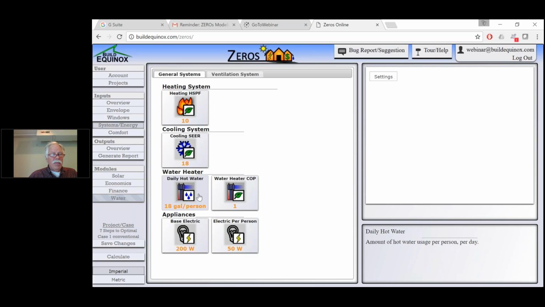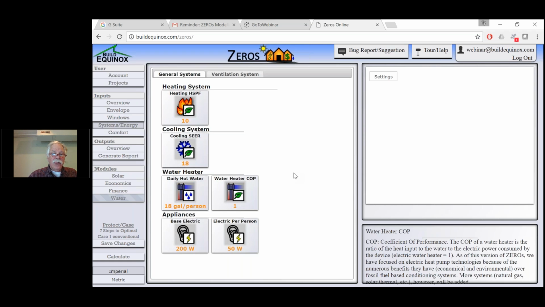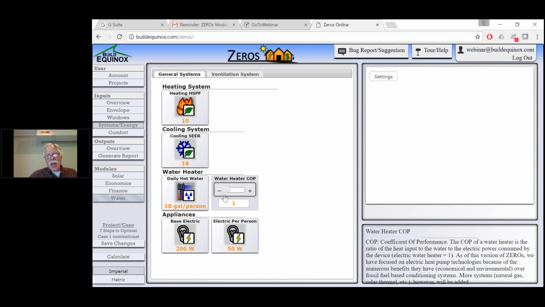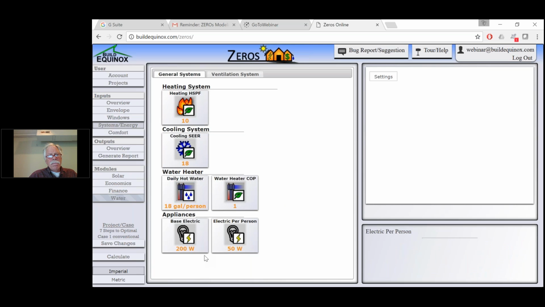If you are someone who wants to save hot water and doesn't shower, that could be 0. And then as far as heater performance, the worst you can do is a coefficient of performance of 1. That's an electric water heater. A value of 2 to 3 is typical of today's hybrid water heaters, and we'll explore that.